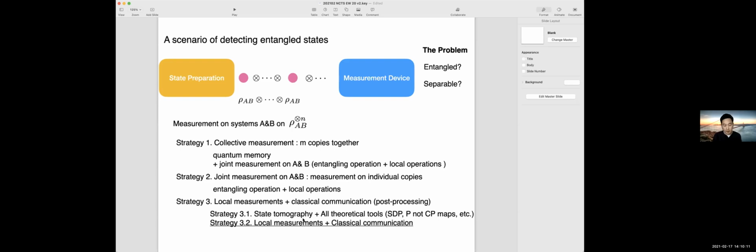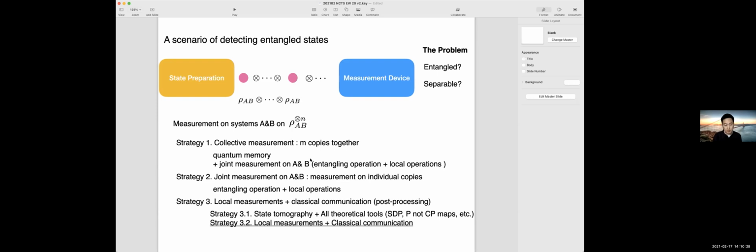The same level of technology, namely local measurement and classical communication, can also realize quantum state tomography. Quantum state tomography is a technique to verify what quantum state has been prepared here.